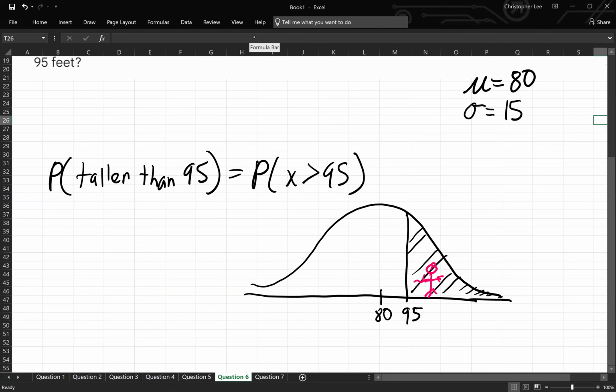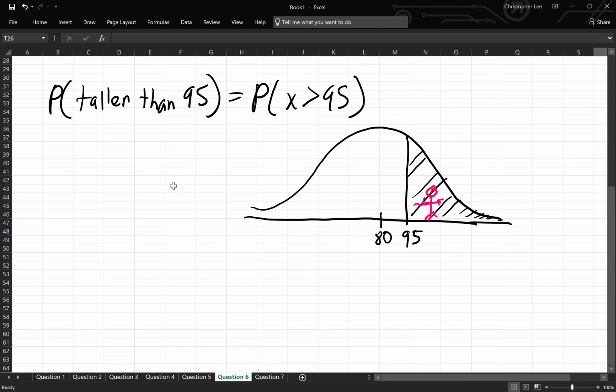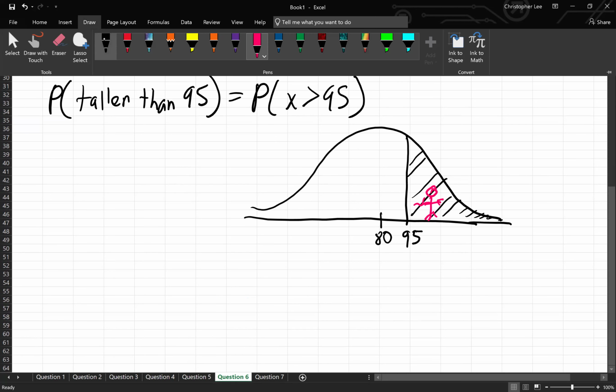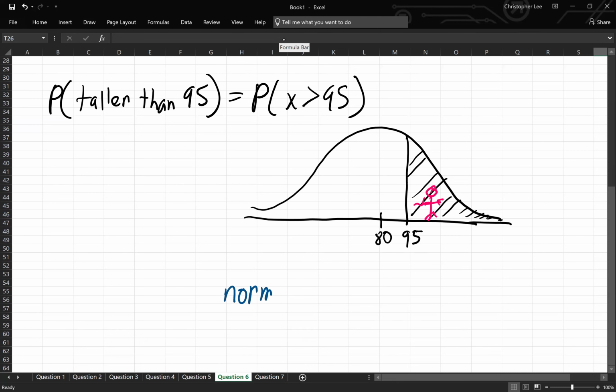That being said, we assumed that the tree's height is normally distributed. So this is going to be a normal CDF in the calculator. In the normal CDF, I need the mean, which in our case is mu, which is 80.